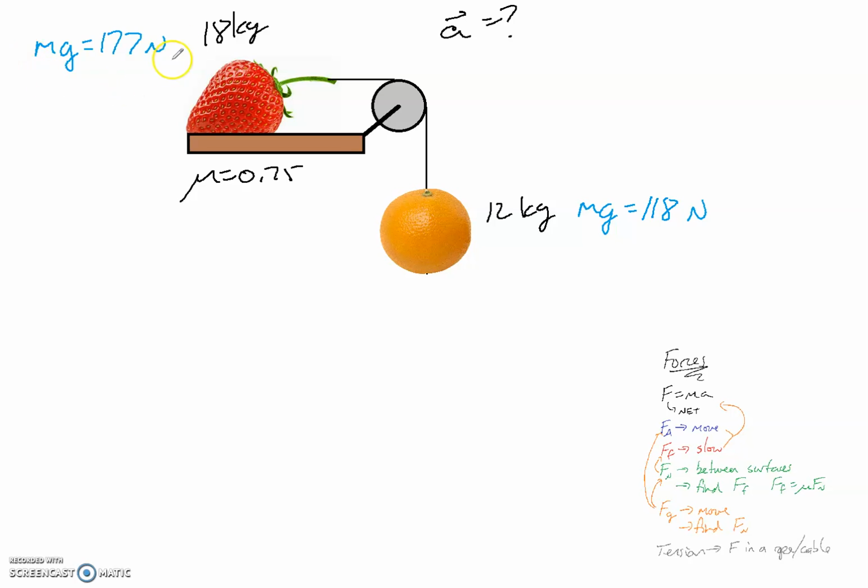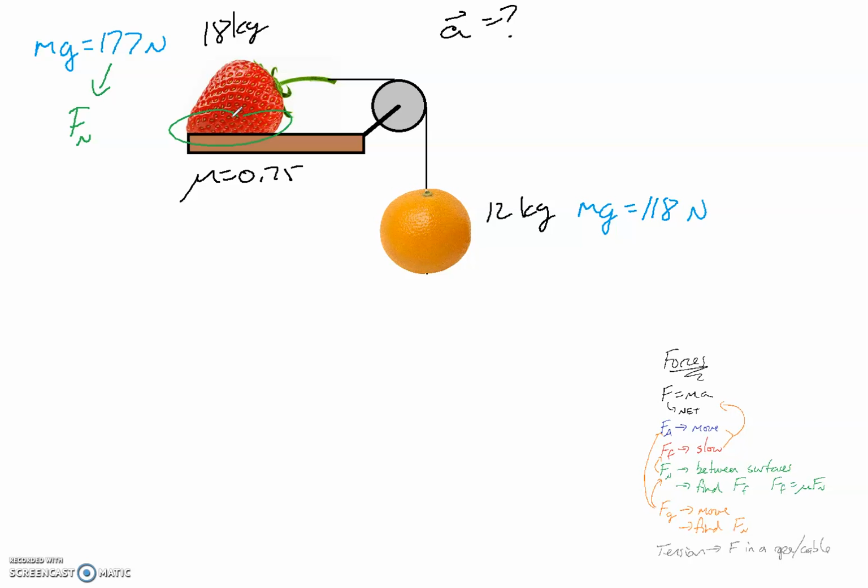All right, so let's see what these forces are actually doing. For my strawberry, that 177 is going straight down, causing the table to push straight up to keep from breaking through. So that force of gravity is creating the Fn between the strawberry and the table. So that is my actual Fn. So my Fn would be 177.